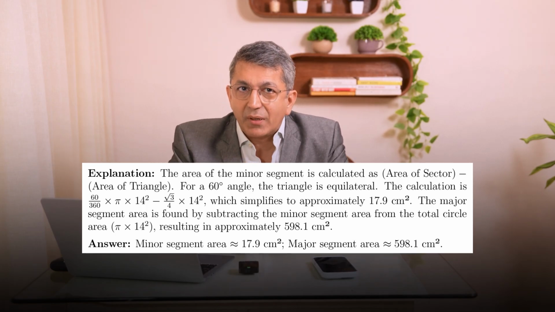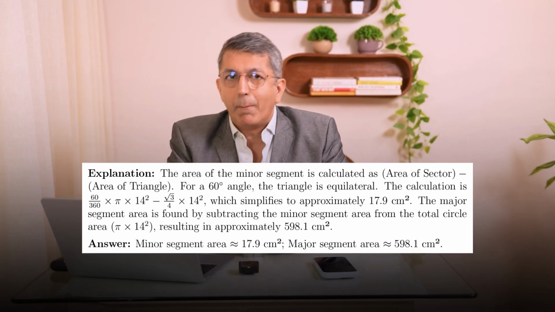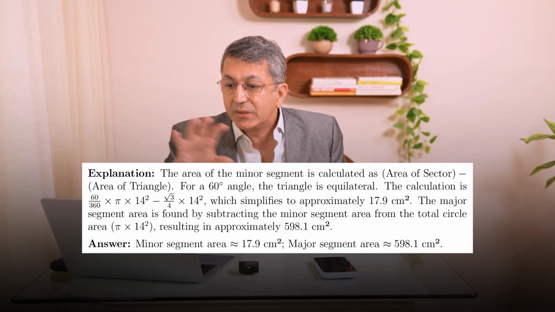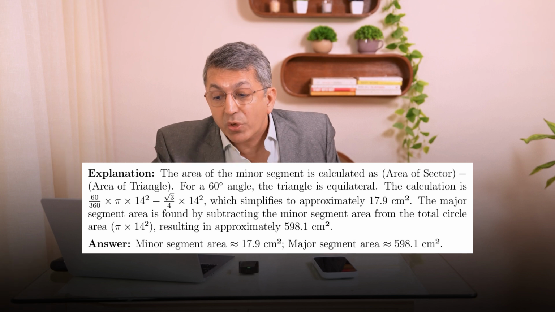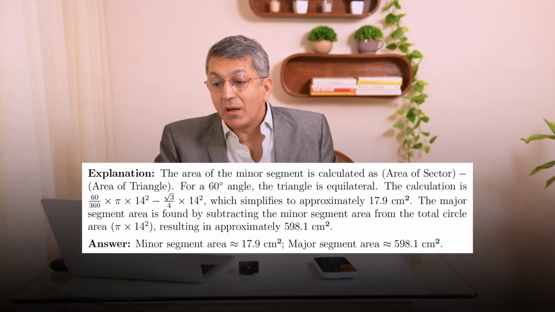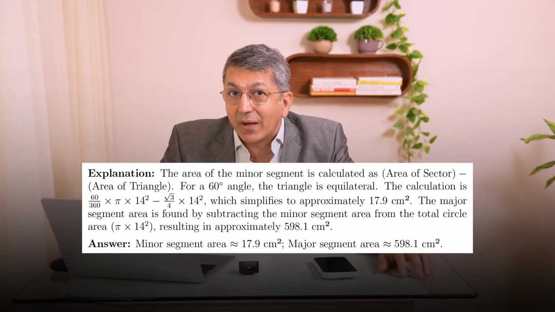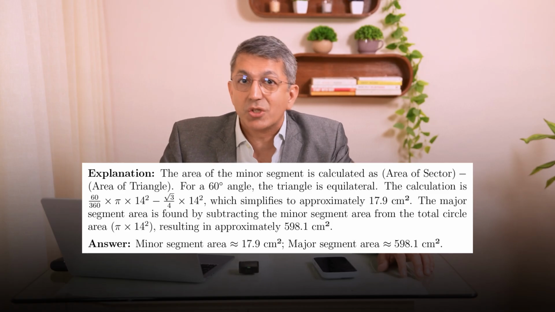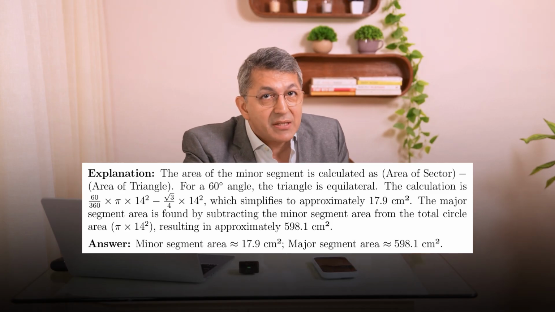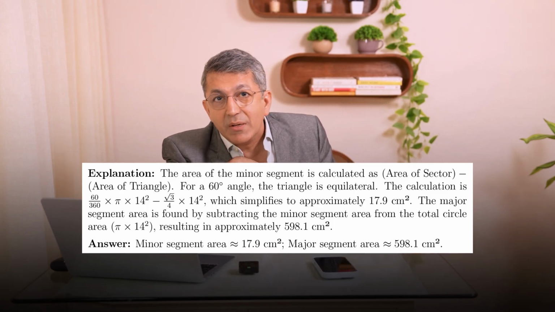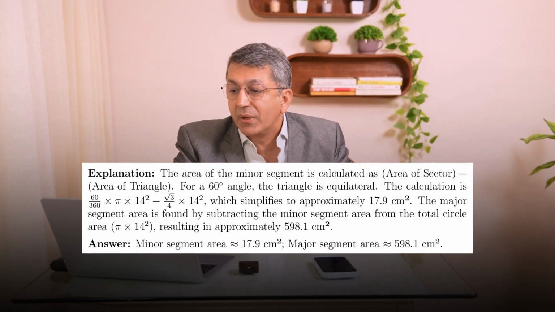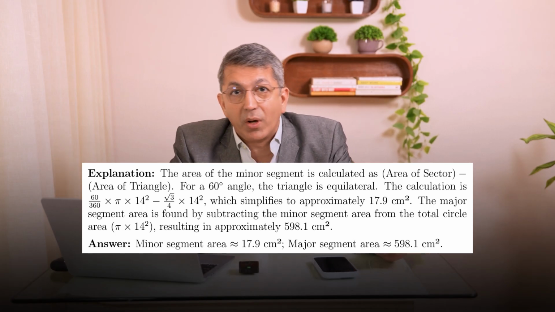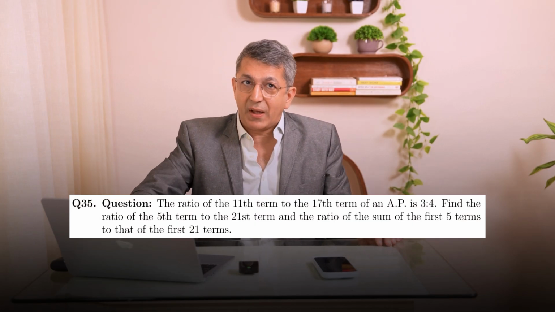The major segment area is found by subtracting the minor segment area from the total circle area, which is pi by 14 square, resulting in approximately 598.1 centimeters square. Answer: minor segment area approximately 17.9 centimeters square, major segment area approximately 598.1 centimeters square. And now we come to question 35.